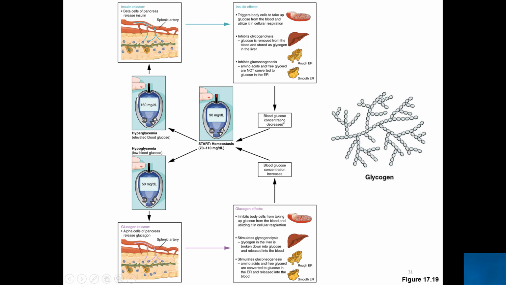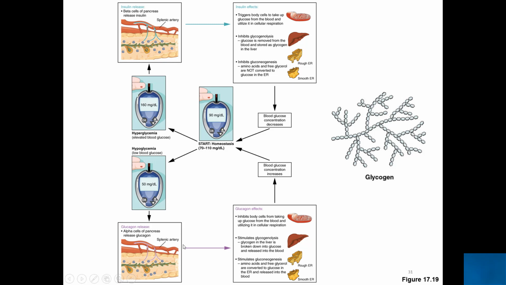As a result of those three processes, blood glucose concentration decreases and returns to normal. Time passes and now you are hungry. Your blood glucose level goes down, which is not good. Your cells can be starving.